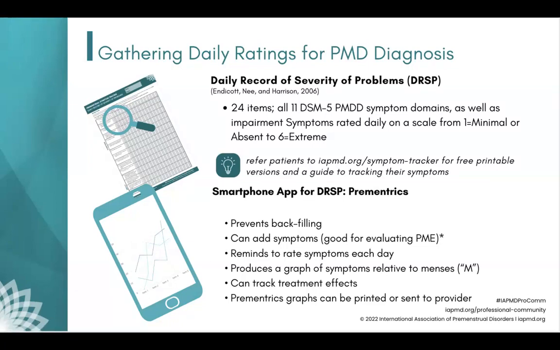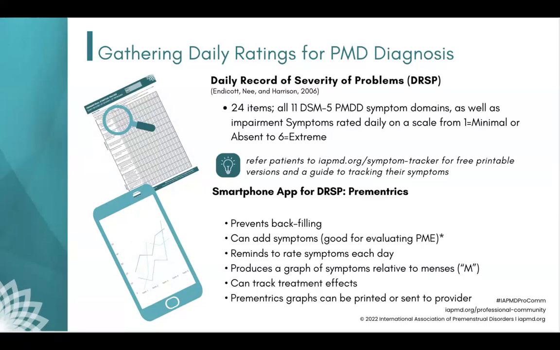The other thing that's great about these apps is that you can add symptoms, which is especially good for evaluating PME. For example, let's say someone has OCD, right? And we want to add an item about checking behaviors to understand, are those checking behaviors changing across the cycle? Or PTSD, do we want to understand if people are having more nightmares across the cycle? Other nice features of the app is it reminds people to rate their symptoms each day, and it produces a graph of the symptoms relative to menses, when they started their menstrual bleeding.